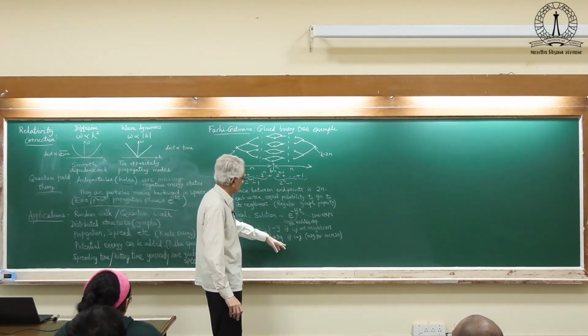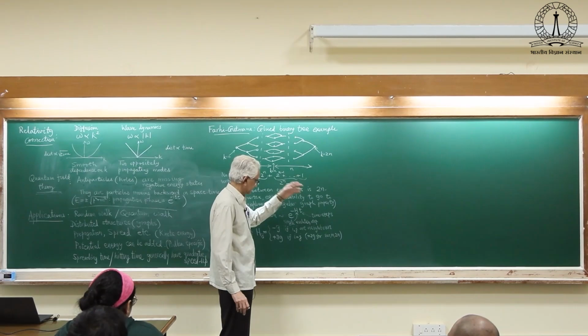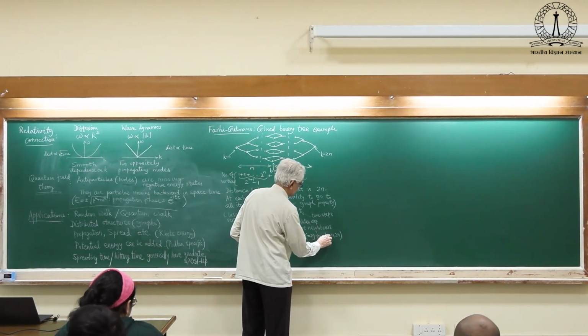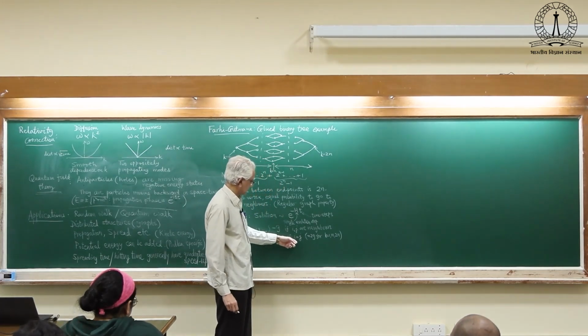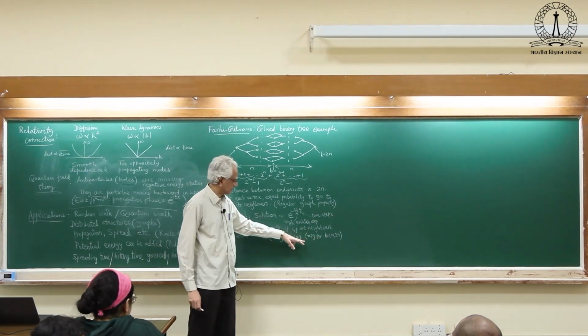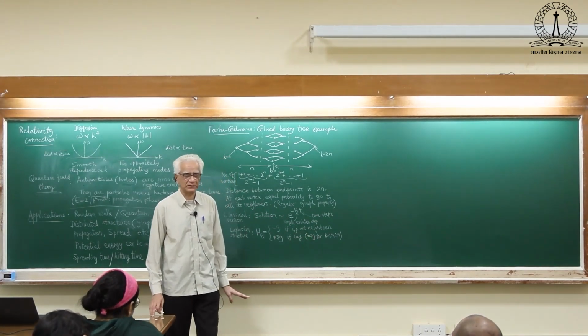And if this graph vertices are such that one of them lands up over here, then I have to use a little different normalization.